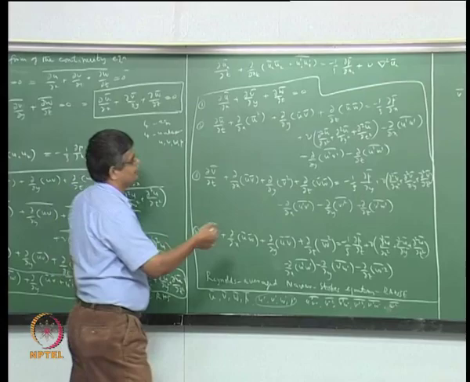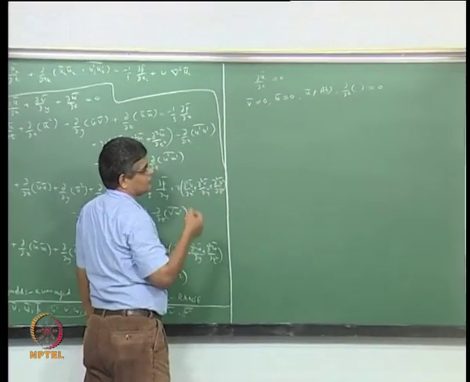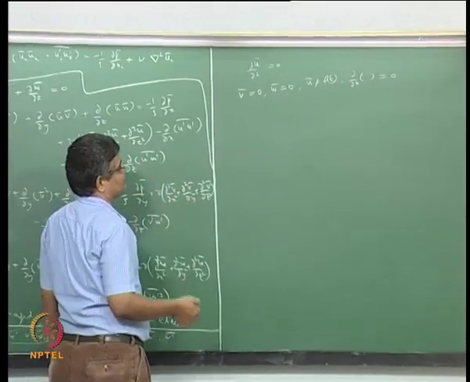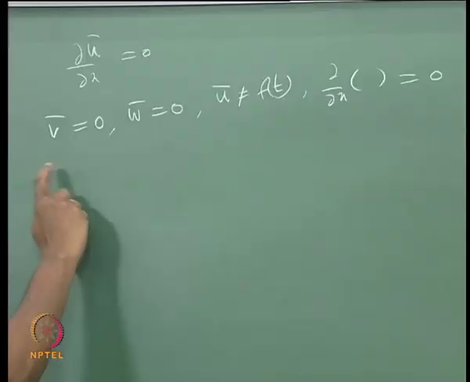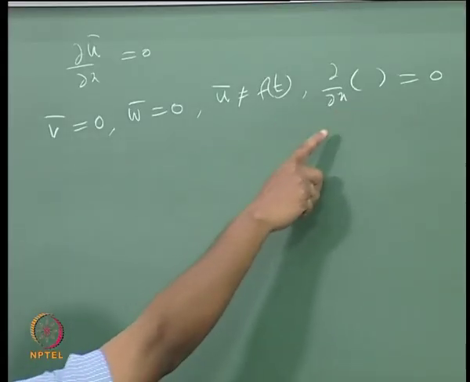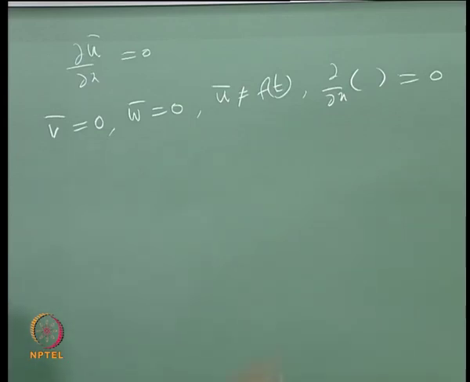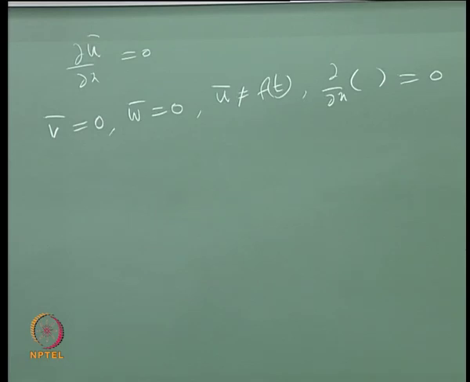So we are saying that for the case of steady fully developed turbulent flow between 2 parallel plates, we have no cross velocity components, the flow is fully developed, the variation of any quantity is equal to 0 with respect to the spatial x derivative, and all quantities are independent of time.